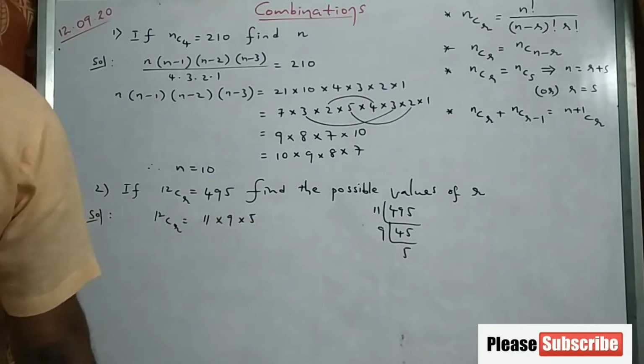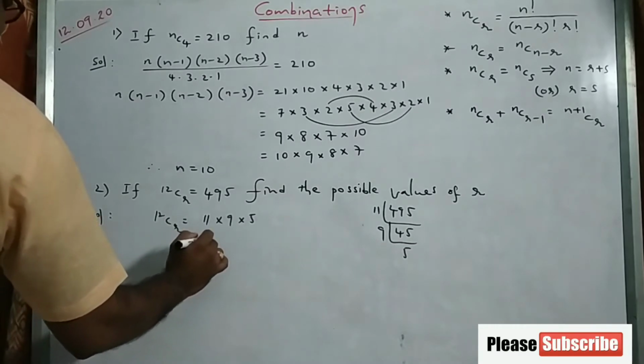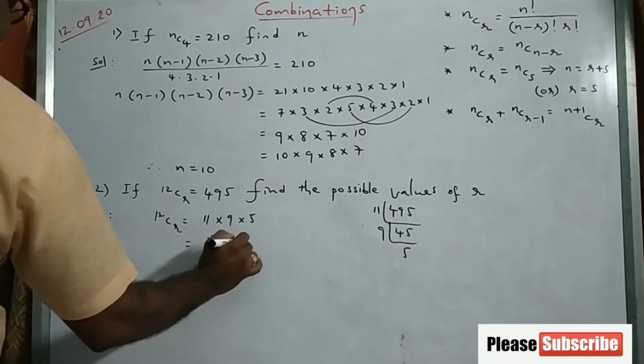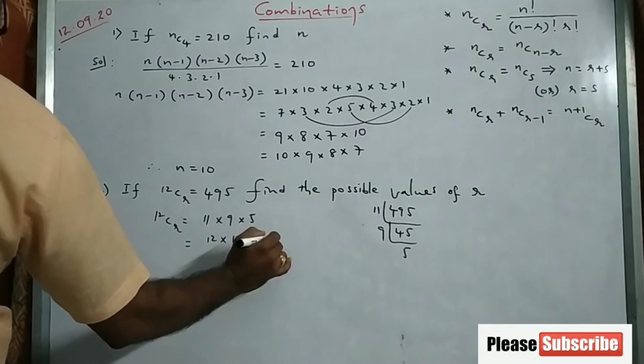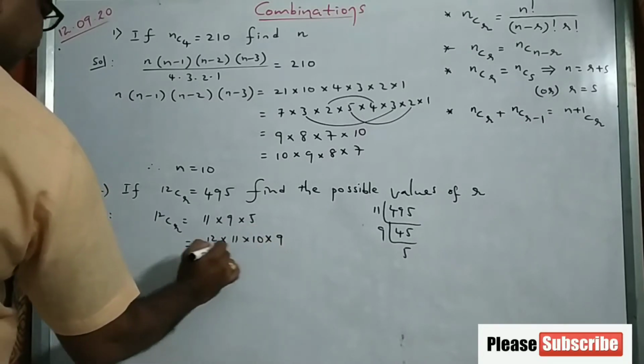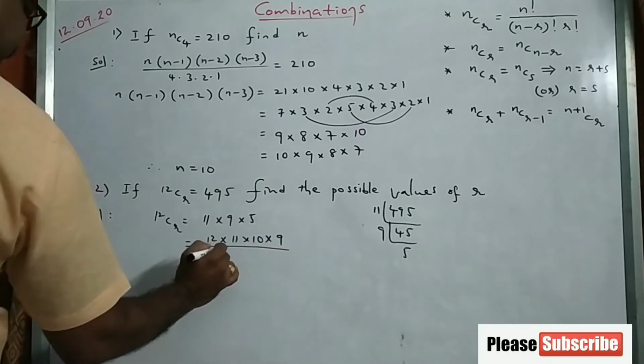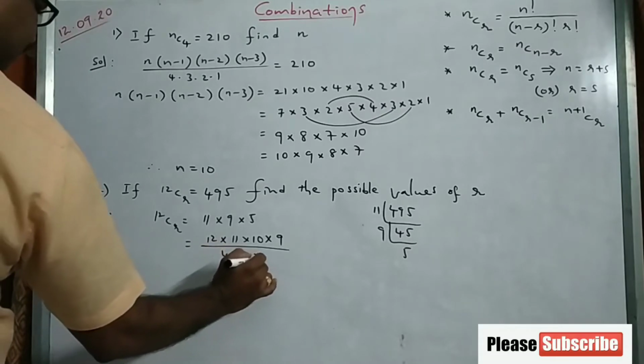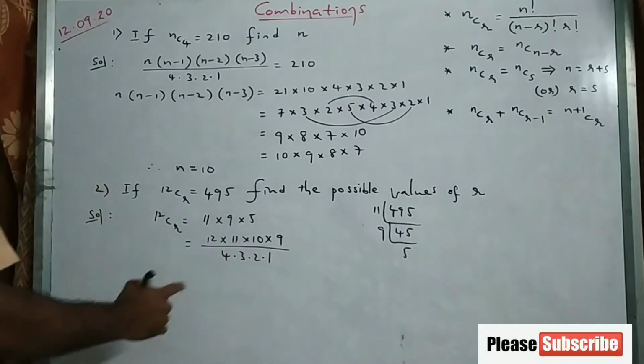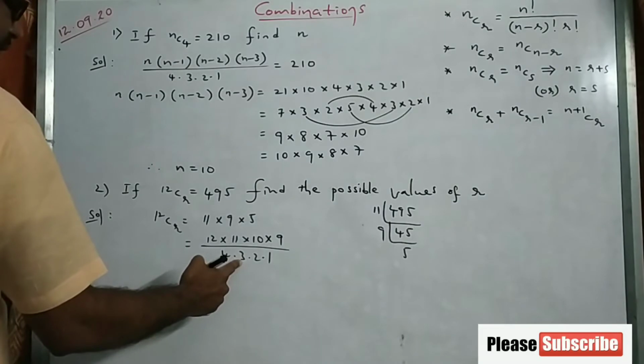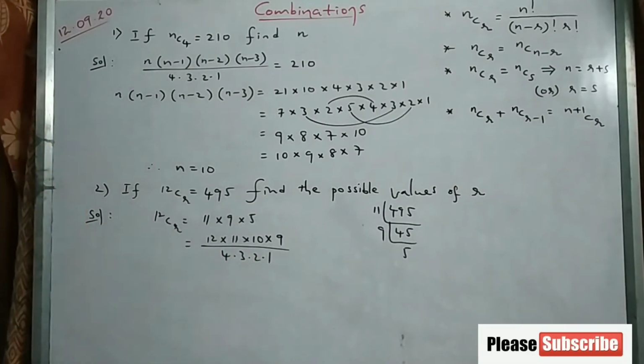Then I am doing one thing here: 12 into 11 into 10 into 9 I am writing by 4 3 2 1. That means what did I do here? 4 3s are 12, 12 2s are 24. Multiply and divide with 24.